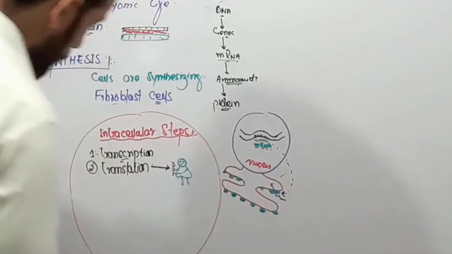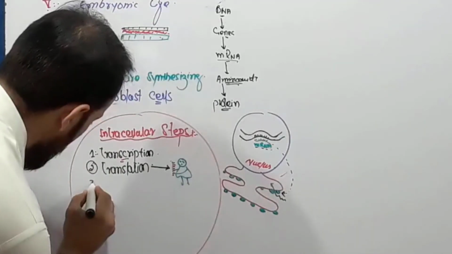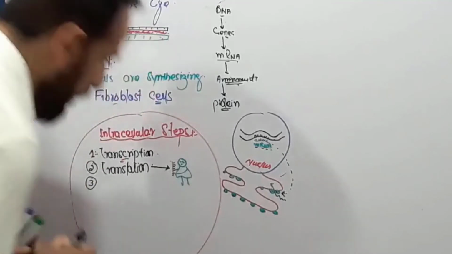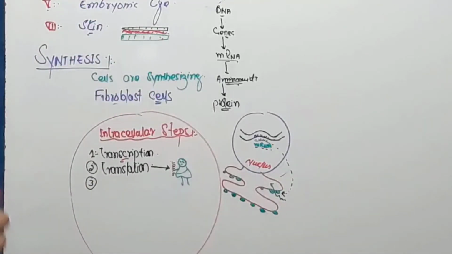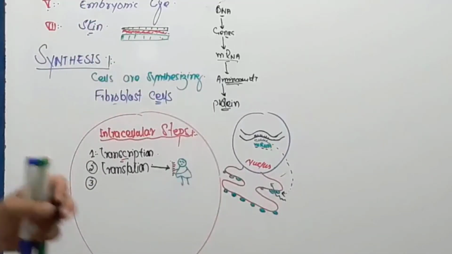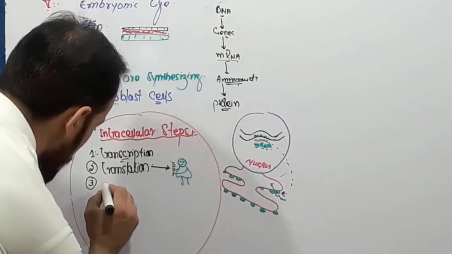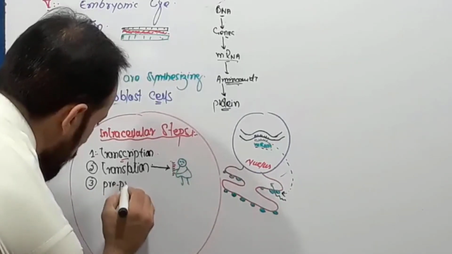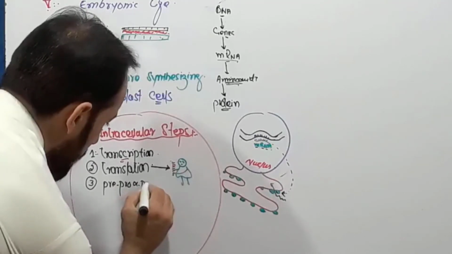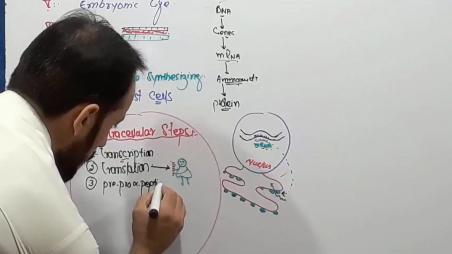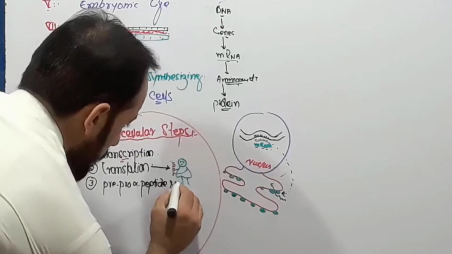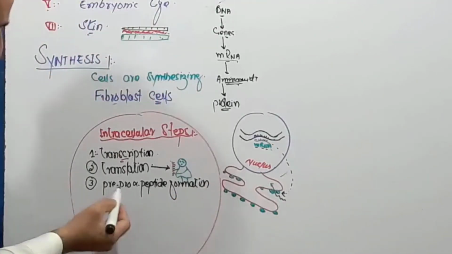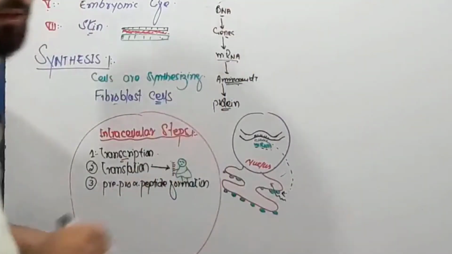So the transcription step, then the translation step, then the third step in collagen synthesis inside the cell is the formation of the pre-pro alpha peptide chain. I'll write here, formation of pre-pro alpha peptide. We will see what this pre-pro alpha peptide formation is in that diagram.